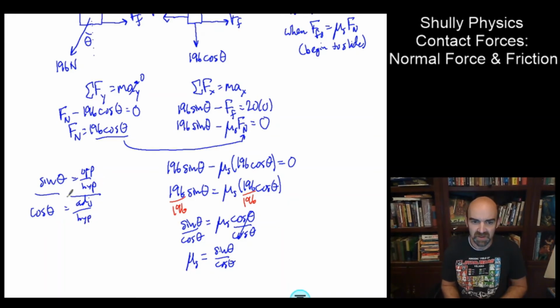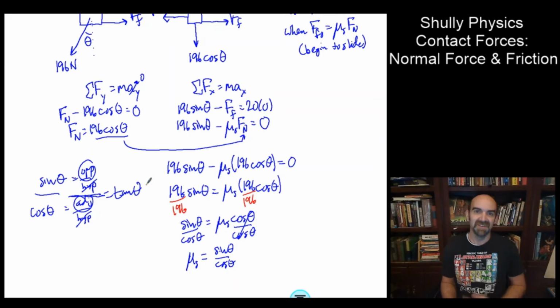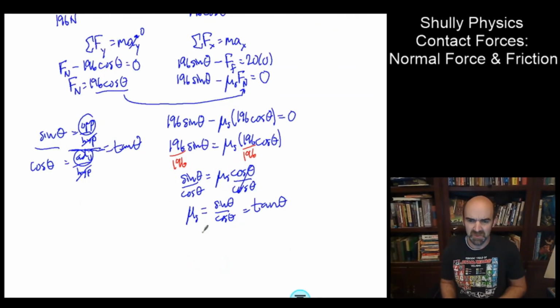And if you look at that big division line there, the hypotenuses cancel out and we end up with opposite over adjacent, which is tangent theta. Okay, so this is the same as tan theta is mu s. So, all these unit values cancel out, and we're left with mu s equals tan theta.